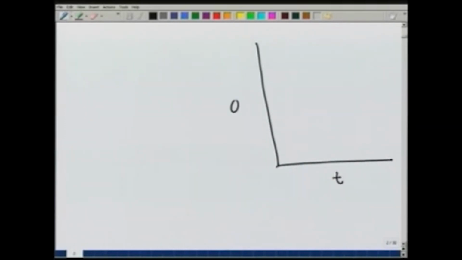By now we are familiar with the unit hydrograph shape. So, let us say that we have a unit hydrograph for an ERH of certain duration d, and of course, the intensity would be 1 by d centimeter per hour.